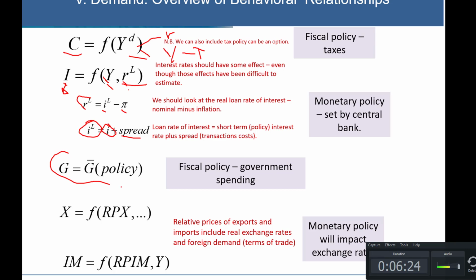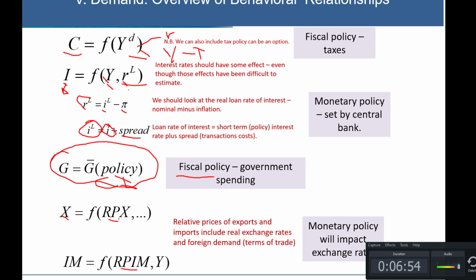We're going to be assuming that government is exogenous. It's fiscal. We'll be looking at fiscal policy, and once again, I do want you to remember we have to be thinking of both government consumption and government investment. We'll be getting into that in another section, and then finally, when we think of exports, it's very tempting to think about the real exchange rate, and that's okay, except that we're going to be looking at things a little bit more precisely.